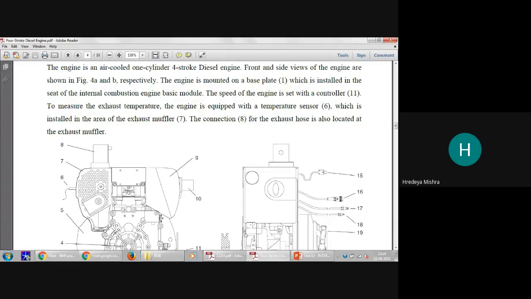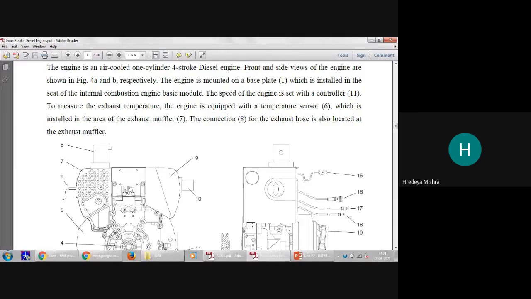The engine is mounted on a base plate which is installed in the seat of the internal combustion engine basic model. The speed of the engine is set with the controller 11.